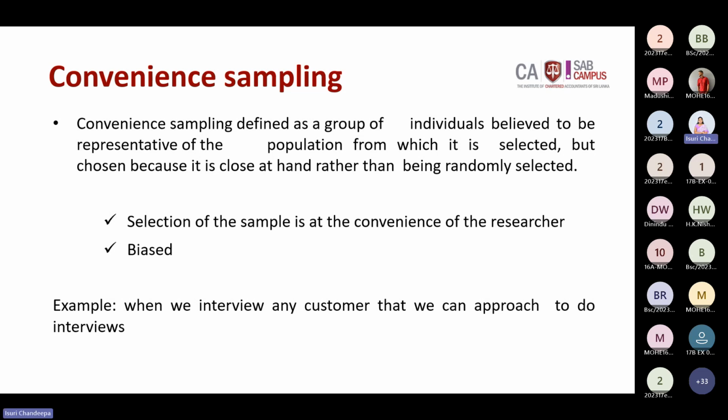Especially, if we are taking the persons who are having low financial literacy, normally in the Monaragala, Badulla, in that kind of areas, there are some individuals who are having low financial literacy. So it should be confirmed by some researchers. So then we can test that area intentionally. Right? We can select that area intentionally.